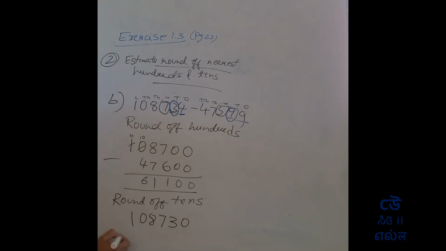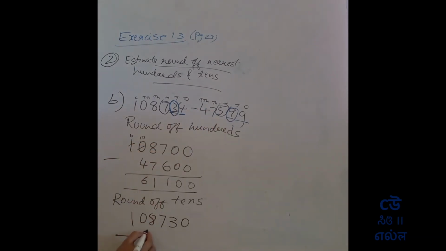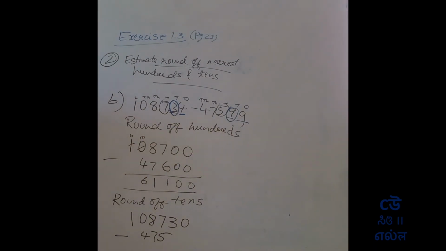Okay. Next, circle left side number is same. So 4, 7, 5. Next number is 9. 9 is greater than 5. So 9 is increased to 10. So increase to 10, right? So 5 will become 6.